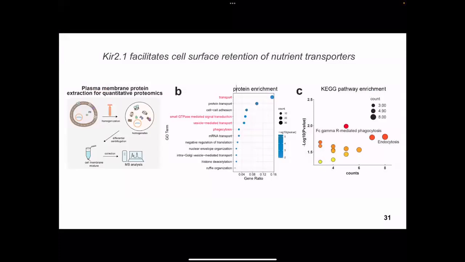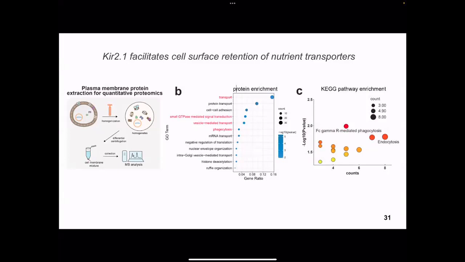To gain a deeper understanding of the impact of membrane potential depolarization on the molecular events occurring around the cell surface, we extracted the plasma membrane proteins of LPS-stimulated macrophages for quantitative proteomics analysis. We found that more than 200 differentially expressed proteins were shared between these different treatments, such as ML133 and elevated potassium.